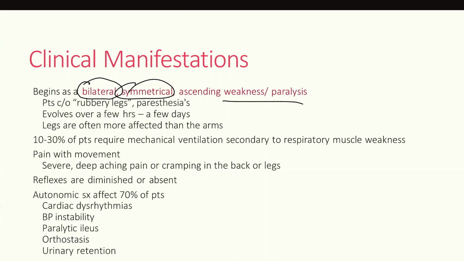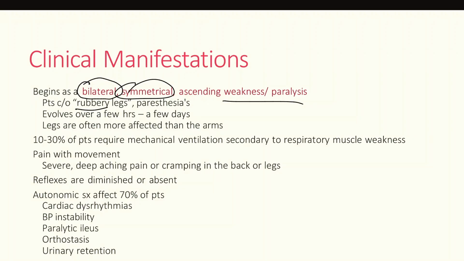Weakness or paralysis. So bilateral ascending paralysis is GBS. It starts at the feet, then goes up to your calves, then your knee, then your thigh, and then your hips, and works its way up, the ascending paralysis. There are other diseases we're going to learn later that have a descending paralysis, so that's why it's important to know the differences. So GBS is an ascending paralysis.